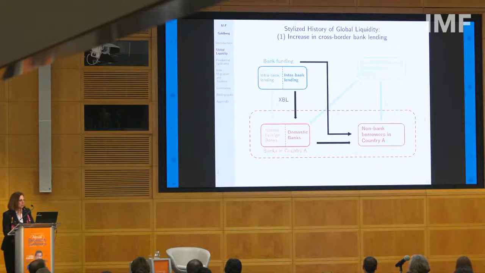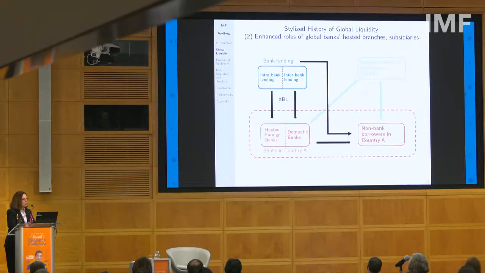So let's go back to this picture. Okay, episode 1, starting with 1980. So this is 1980s to the early 1990s. Global liquidity flows started out bank-based and to sovereign borrowers. This is reflected in the pattern of bold black arrows.